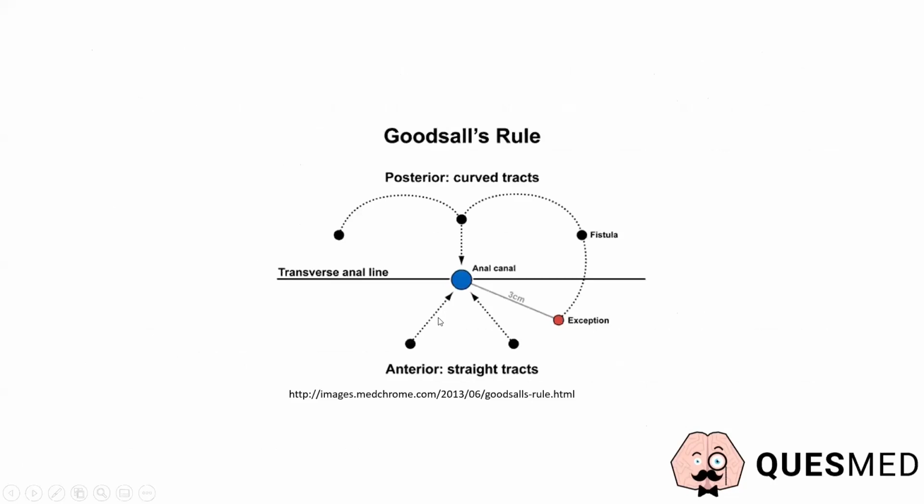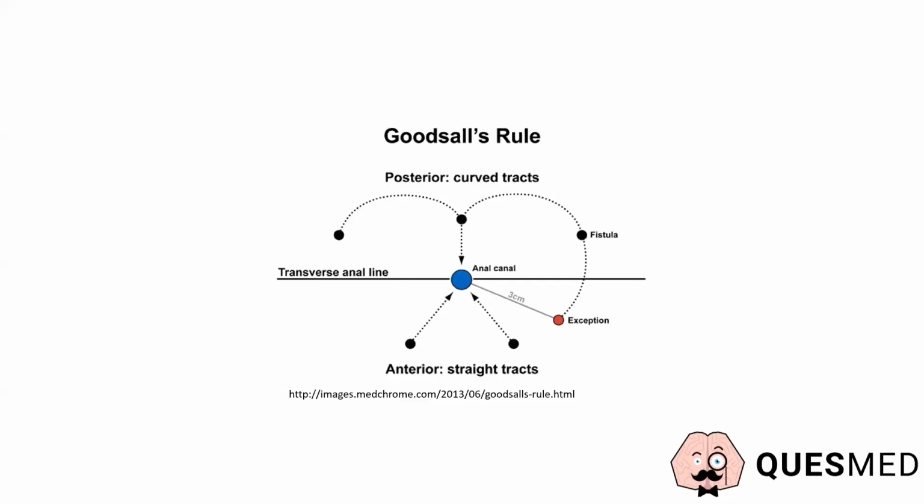This is a really good diagram which essentially explains the answer for the last question. So essentially any fistula with an external opening anterior to the transverse anal line will drain in a straight line. Any fistula with an external opening posterior to the transverse anal line will drain in a curved tract to drain at the 6 o'clock position.